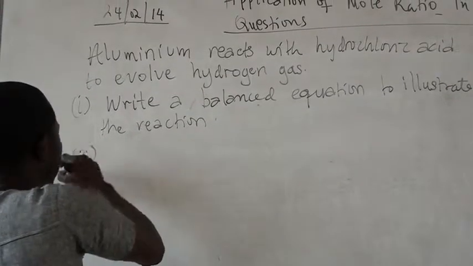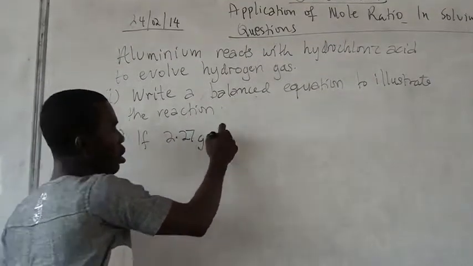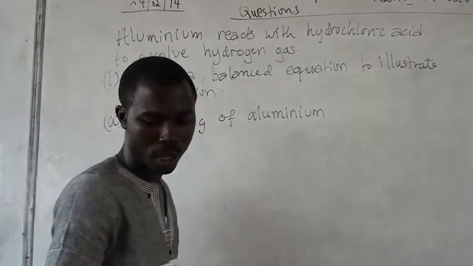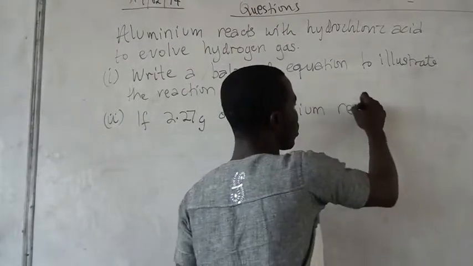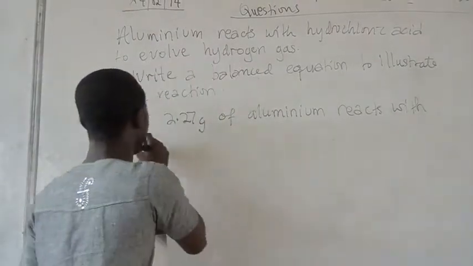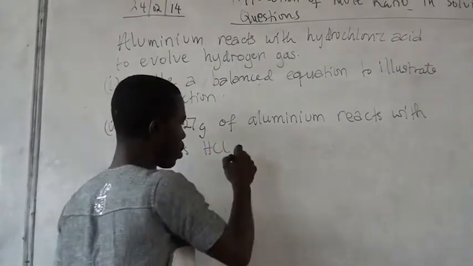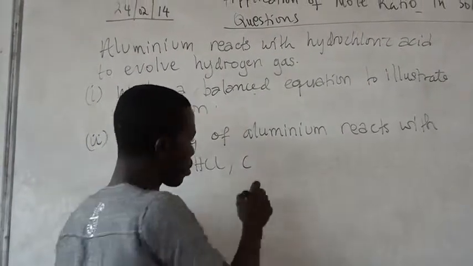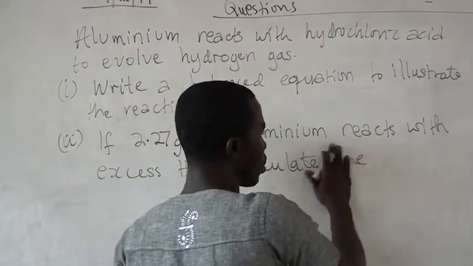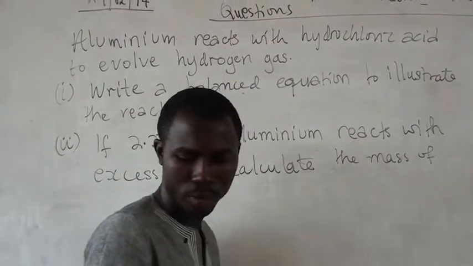I ask, if 2.27 grams of aluminium reacts with excess HCl, calculate the mass of hydrogen obtained.